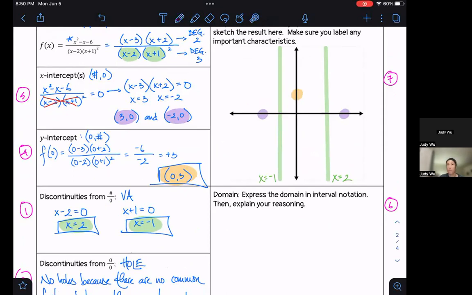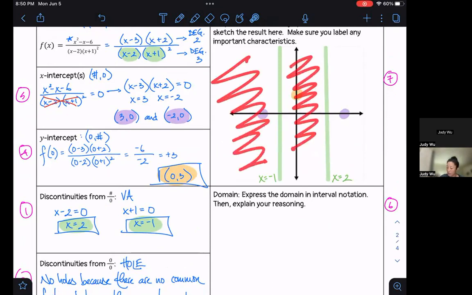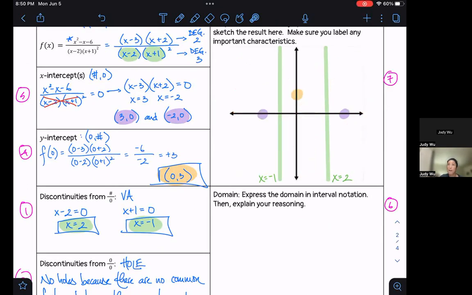Okay, so let's think about what x values we can't have. We can have all the x values over here, or we can have all the ones here, and all the ones over here. But what we cannot have is -1 and 2. Because when we put -1 or 2 into our equation, we end up dividing by 0, and that's not okay.